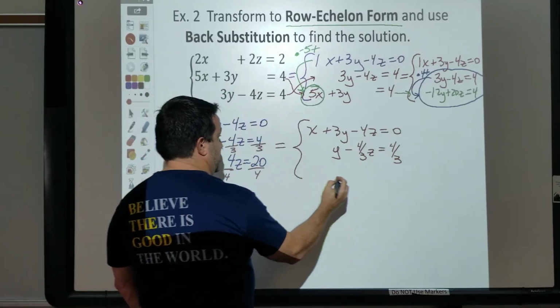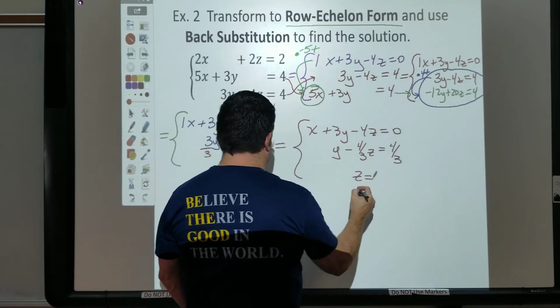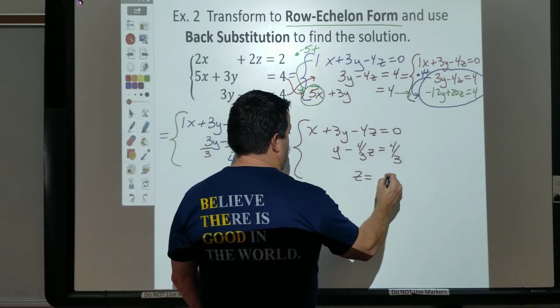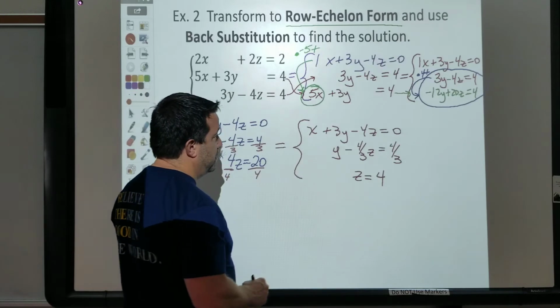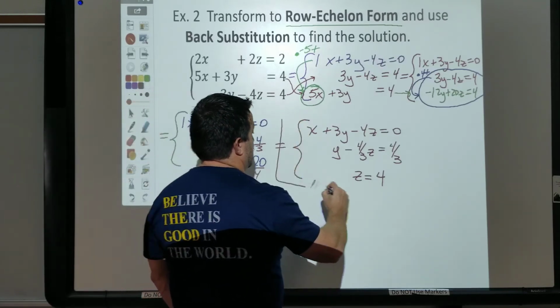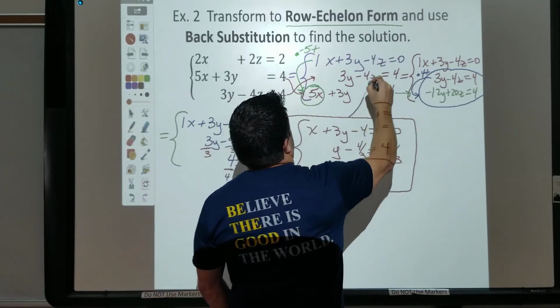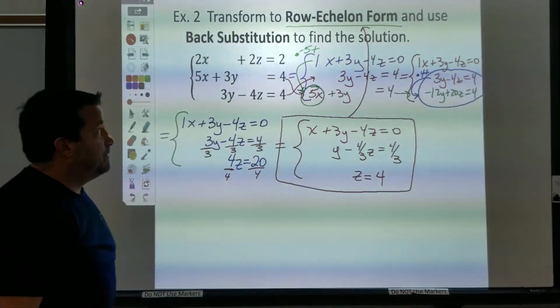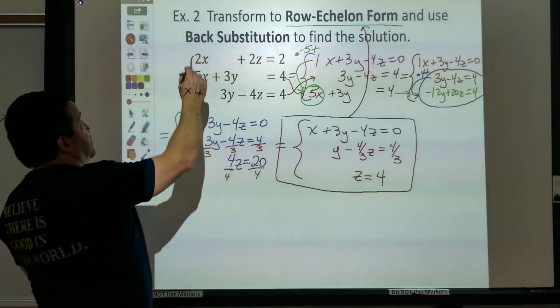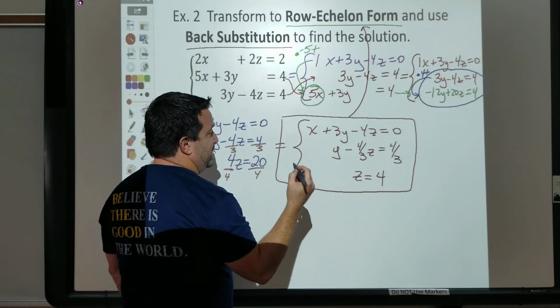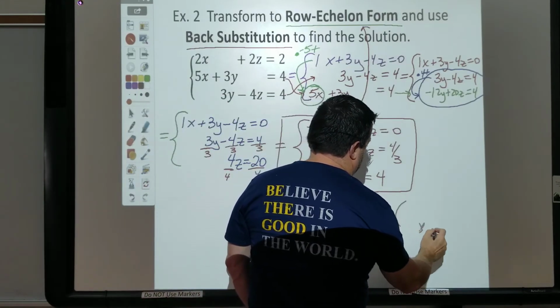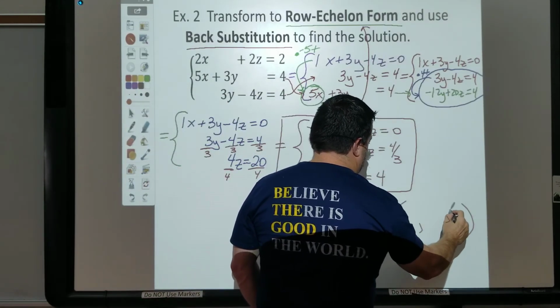And then this one is z equals 4. So this is row echelon form. That's what it wanted. Then I'm supposed to do back substitution. So what that's saying is right now I'm looking for my ordered triple. I now know that z is 4.